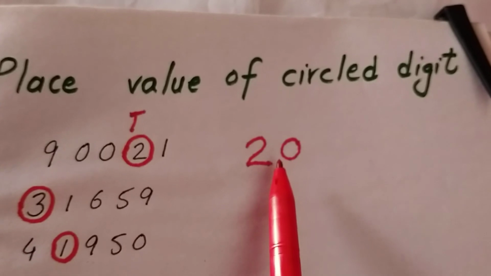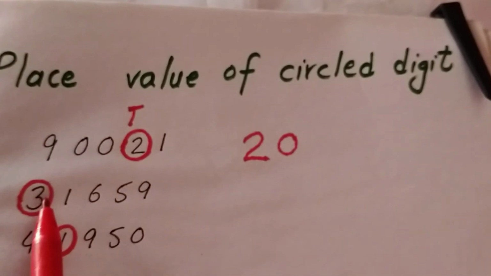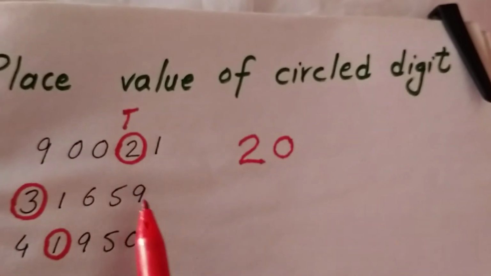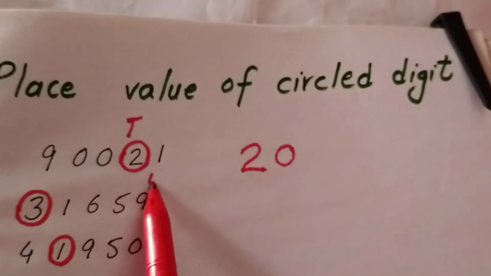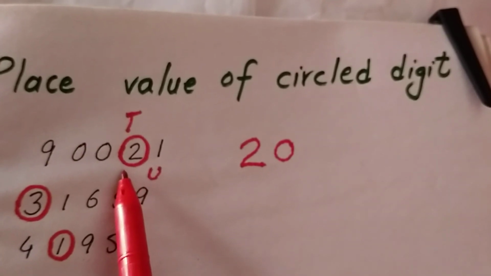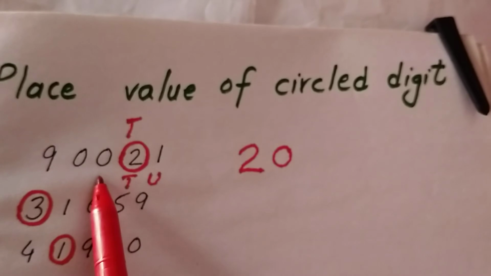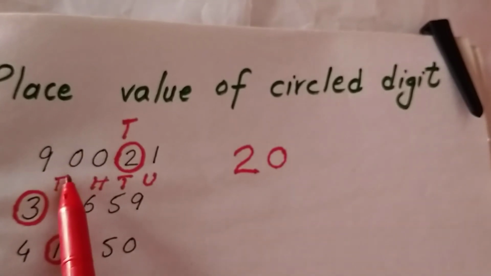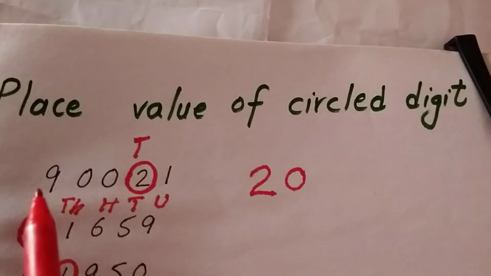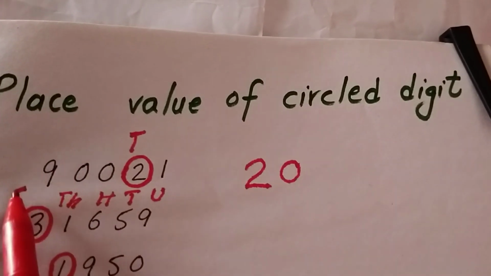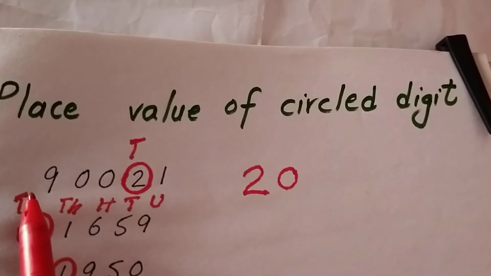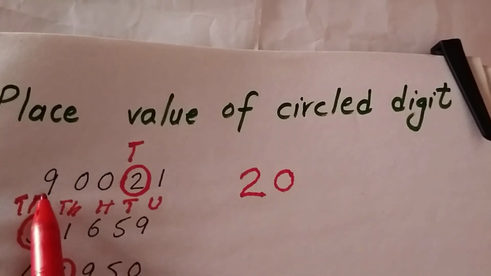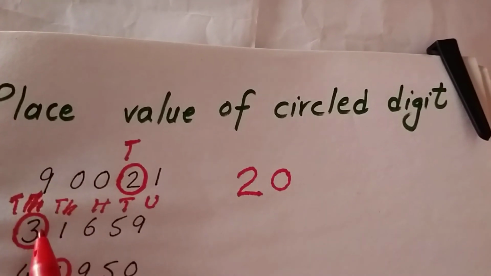2 tens. Place value of 3: unit, 10s, hundreds, thousands, 10,000s. Three.